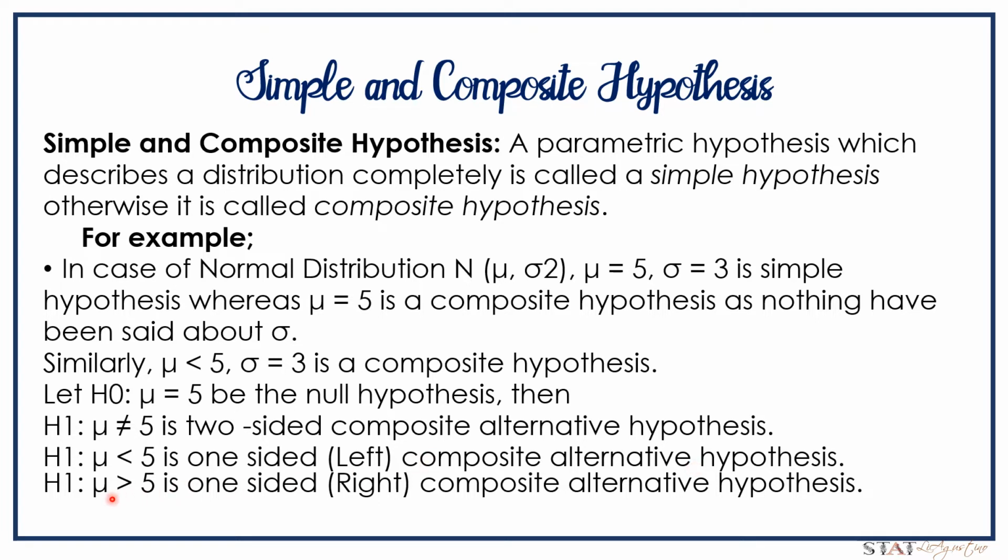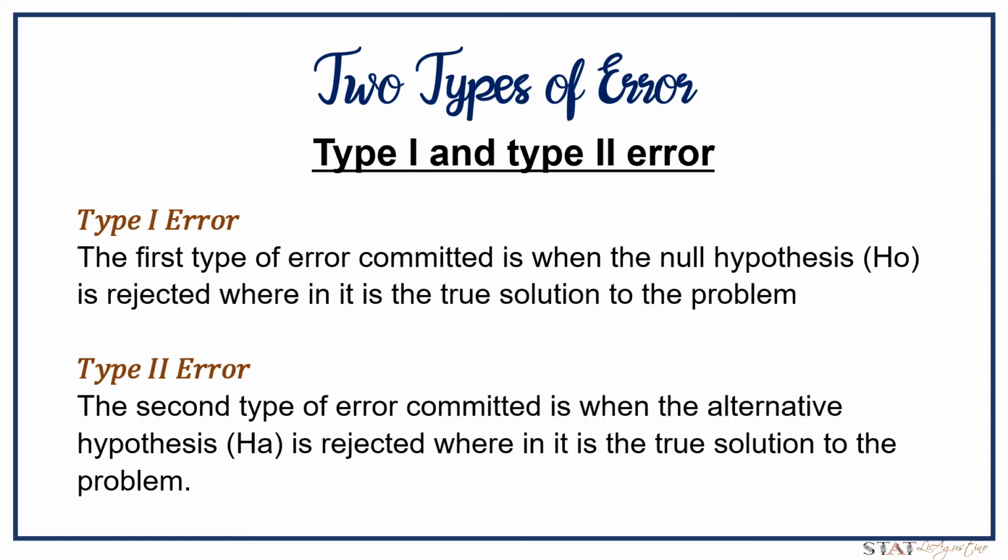And then mu is greater than 5 is a one-sided right composite alternative hypothesis, because it does not specify a specific value, as long as it is greater than 5. So that is the difference between the simple and the composite hypothesis. When I say simple, it really has a specific value, whereas the composite does not declare a specific value.